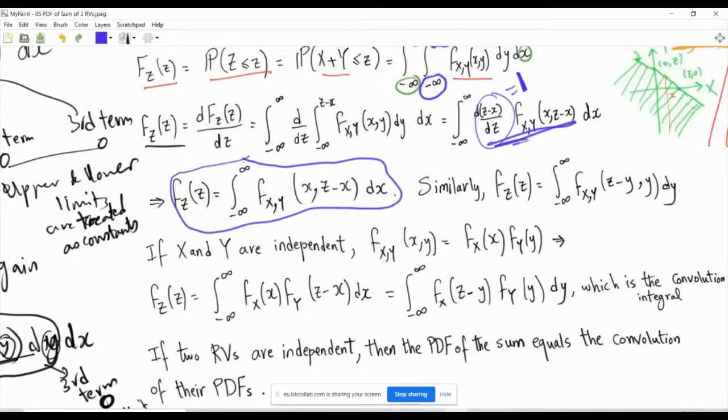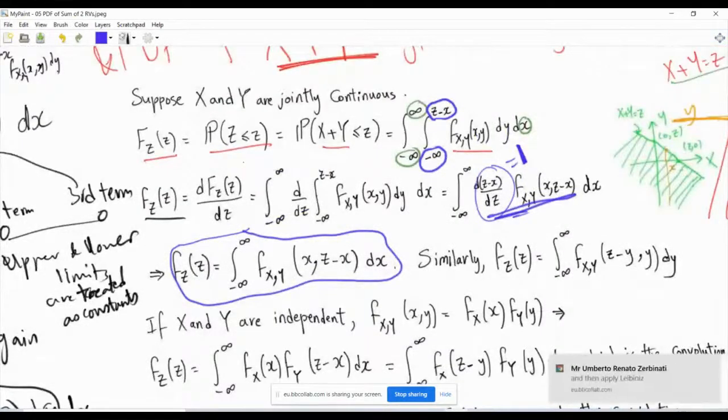Tonelli basically tells you that you can interchange the order of the double integral. So in our case, it means that you can do the integration in any order of your choice.